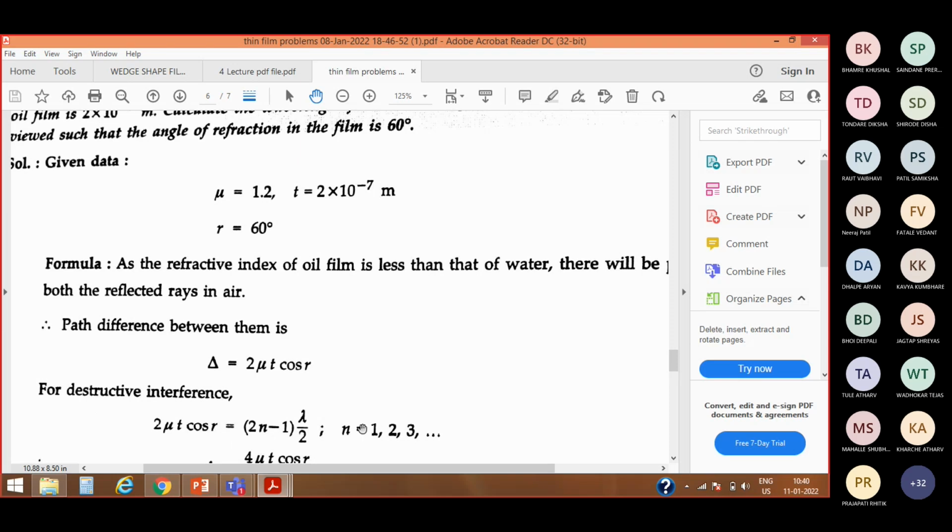For value of n is equal to 1, 2, 3, 4. सर 25 डिग्री आलं सर. हाँ, 25 डिग्री बरोबर आहे. तुम्हाला काय विचारलंय? What you had asked? Find the wavelength of light in the visible spectrum. So you had asked the value of lambda.